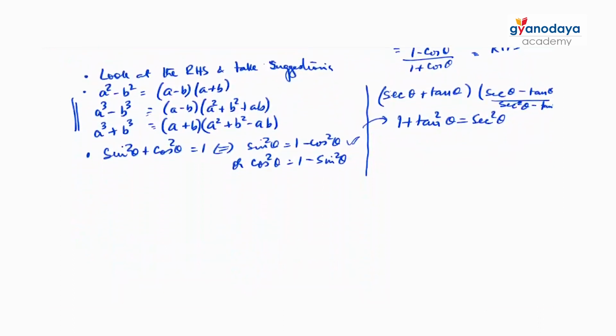We go to the next type of questions, which is at times asked: find the value of. So let's look at this question. 3 cot squared 60 plus secant squared 45. You would recall that we had drawn that table, right?